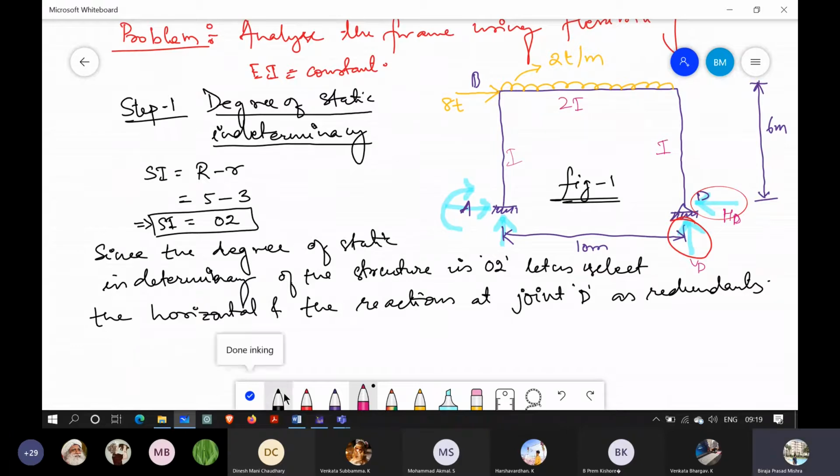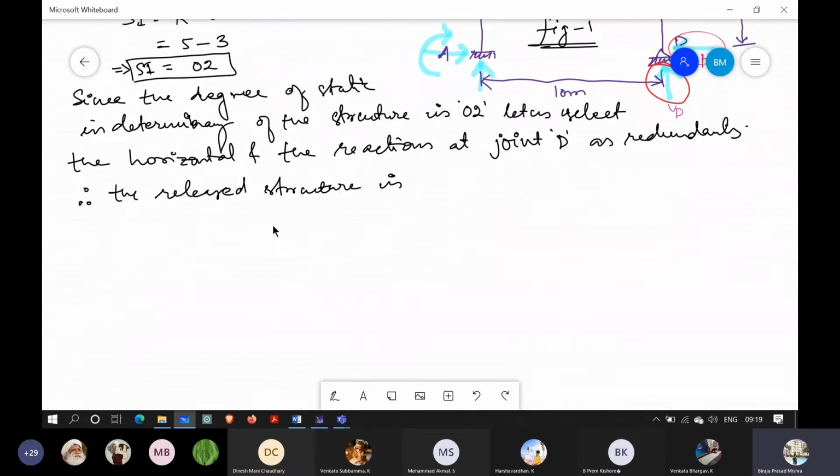Therefore the released structure is this one.